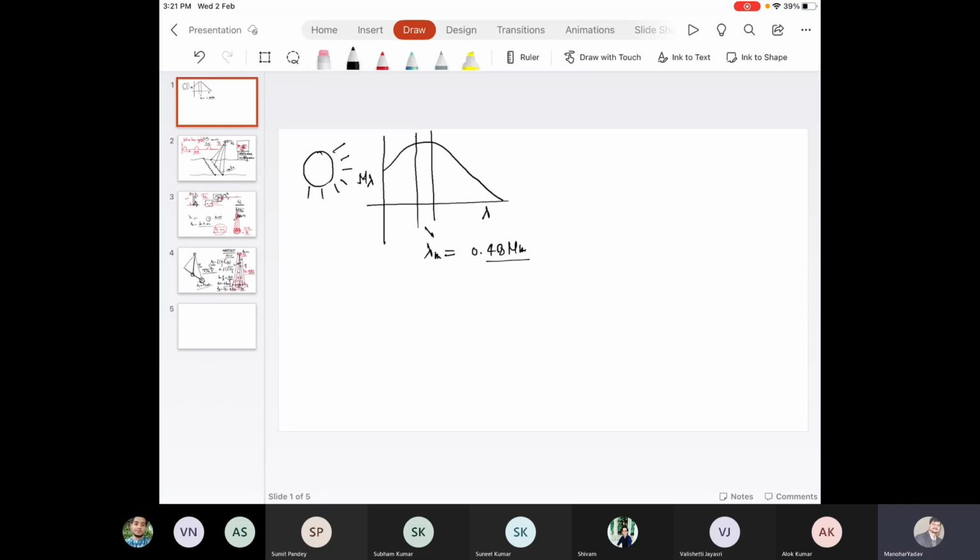Okay, so this energy travels through the medium, and finally, let's say it strikes a water body, let's say it is striking the ocean. This energy, M lambda, is a function of wavelength, as you can see over here. With respect to wavelength, the energy coming from the Sun varies, and this is the variation plot of how it varies with respect to wavelength.